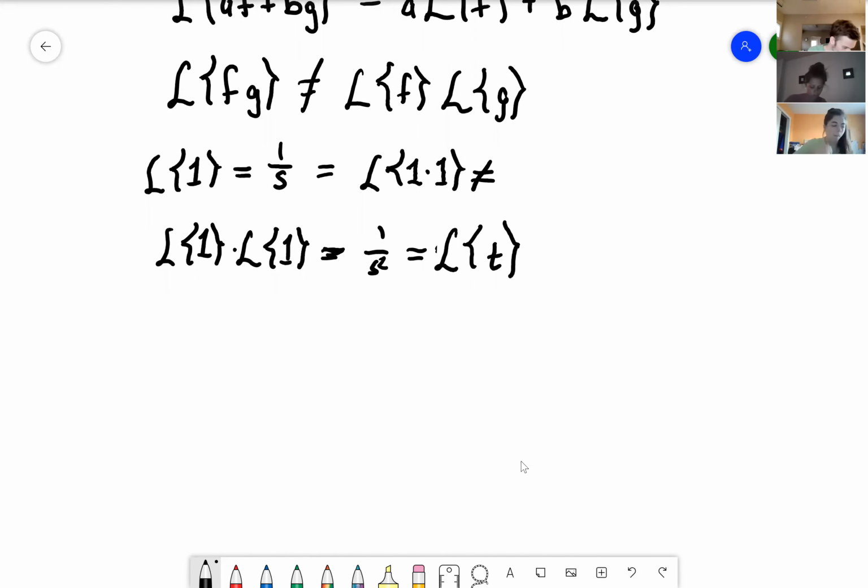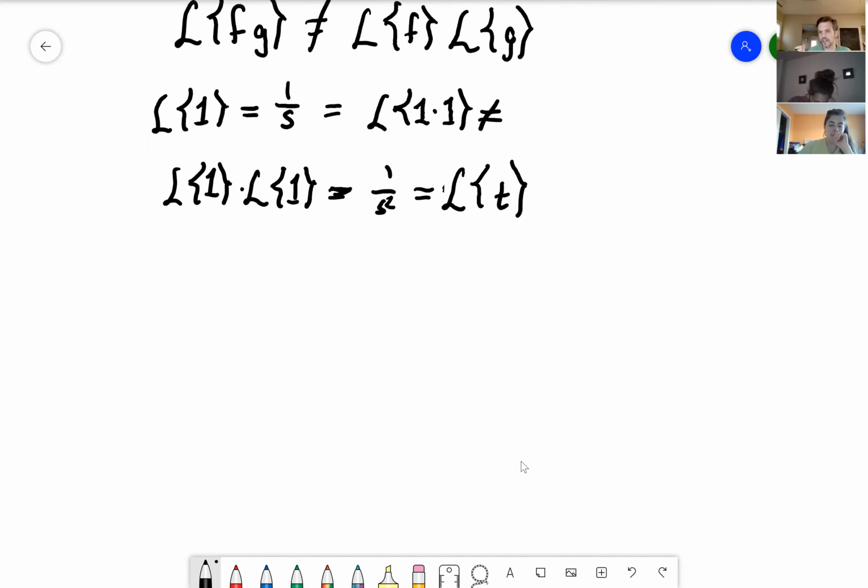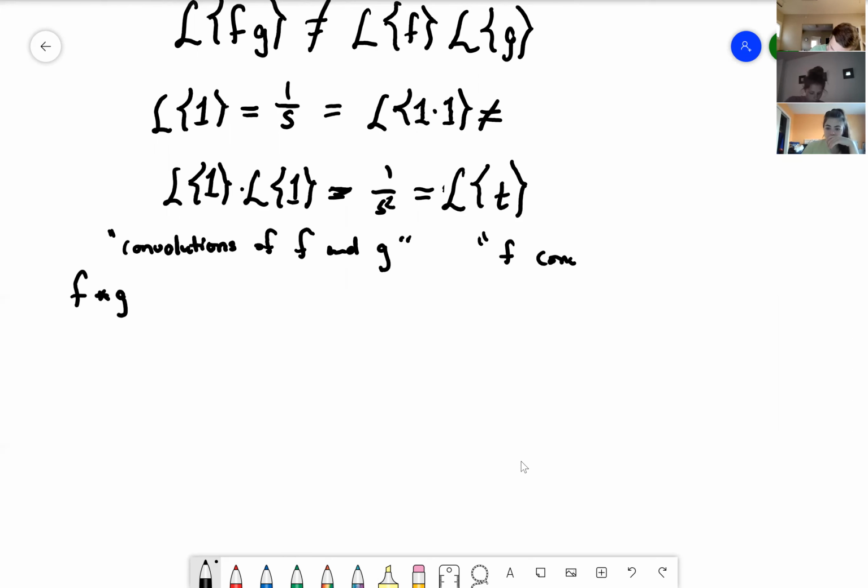So first, I'm going to introduce what this actually is. We're not going to write it as an arrow because it has this nice identity property, and because it has this relationship to multiplication of the Laplace transforms, we're going to write it like this. It's going to be written as f star g. We're going to call this the convolution of f and g, or f convolved with g.